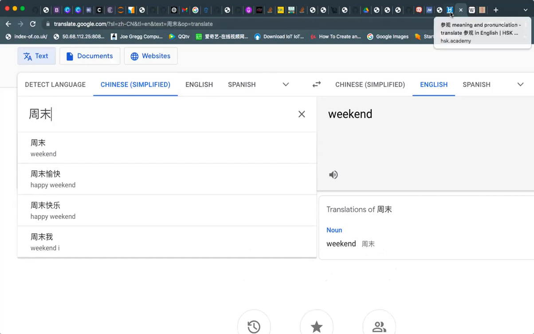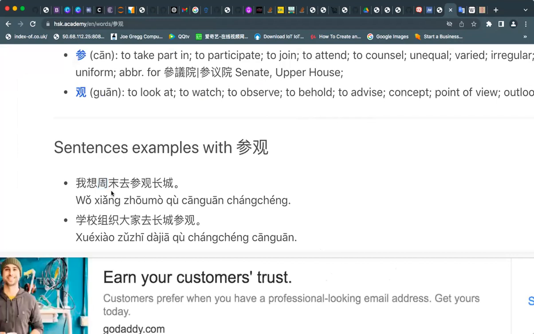So we now have, I think, the weekend come visit Changzhou. What does that mean?